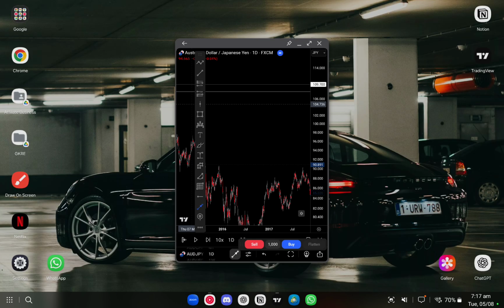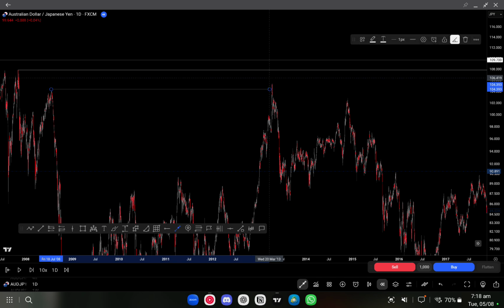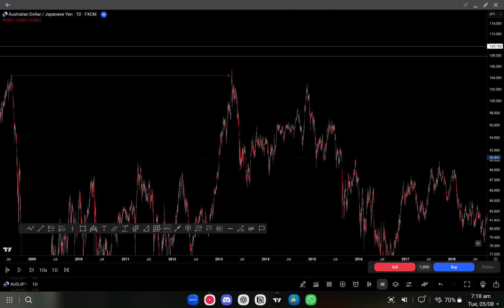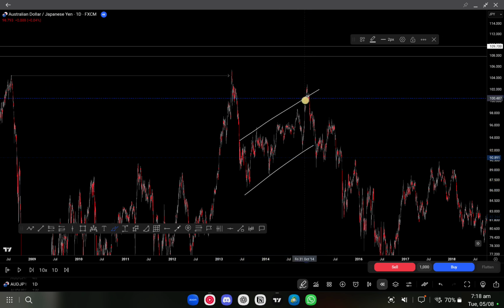So I'll put that in. We've got this over here. Price then sells off. But in this case, let's say price sold off. We didn't get anything progressive. Looked like it was going to come all the way back up. Tapped into this area.